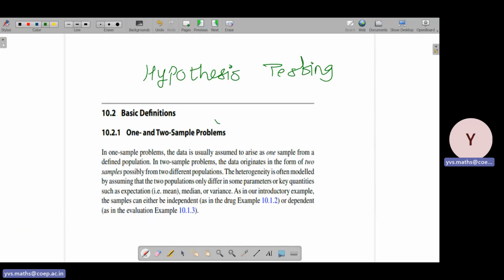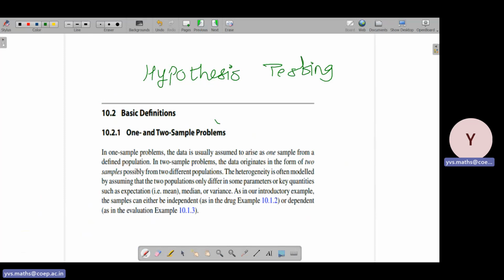They can be from a single population or from two different populations. The heterogeneity is often modeled by assuming that two populations only differ in some parameters or key qualities such as expectation, median, and variance, as in our example that I'll take after some time.